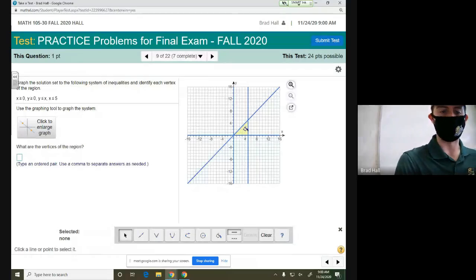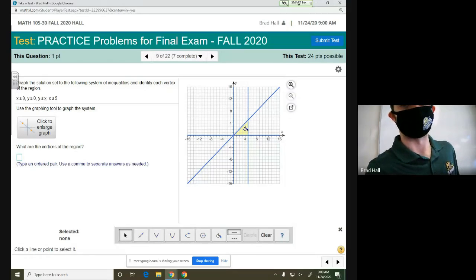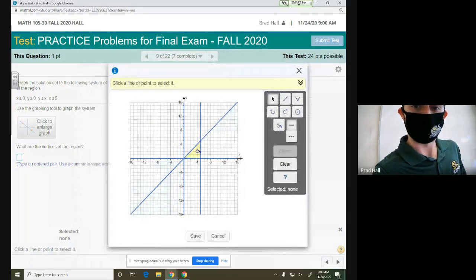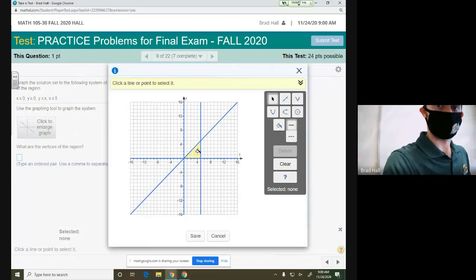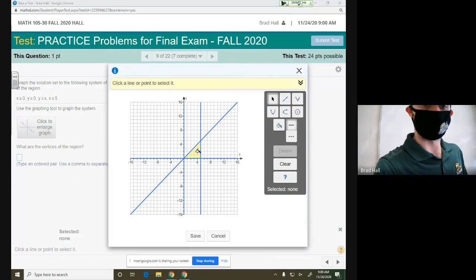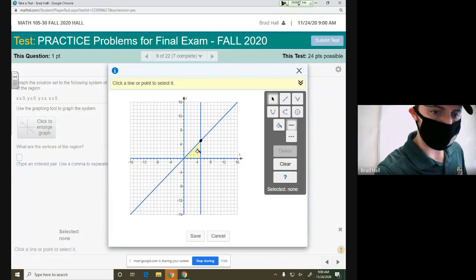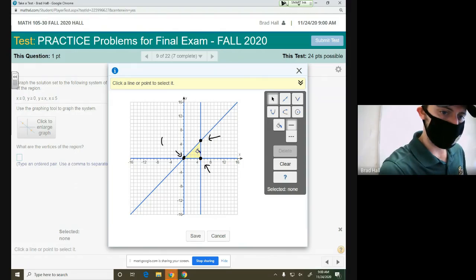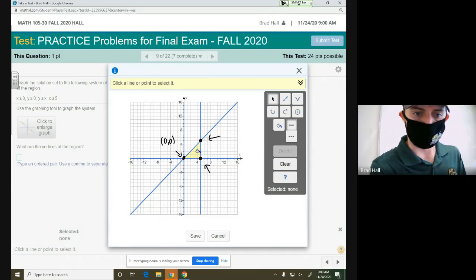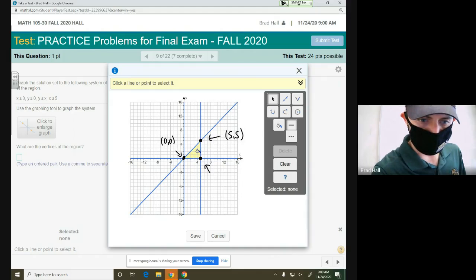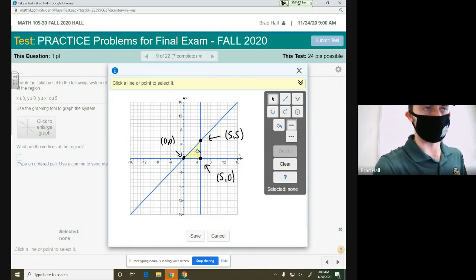Okay, and then finally, they want us to determine the vertices of the region. So we're not done, but we're very close. The vertices of the region, right here, and right here, which we can very easily use the graph to determine. 0, 0 is one of them. 5, 5 is another. 5, 0 is the third one.